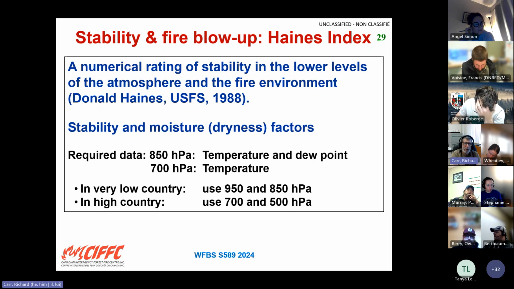So there's our moisture dryness factor there, and then the 700 hectopascal temperature. So the difference in temperatures between those two levels will give us that stability component. So they're kind of standard levels, but if you're very close to sea level, maybe you can actually use the 950 and 850 hectopascal levels.